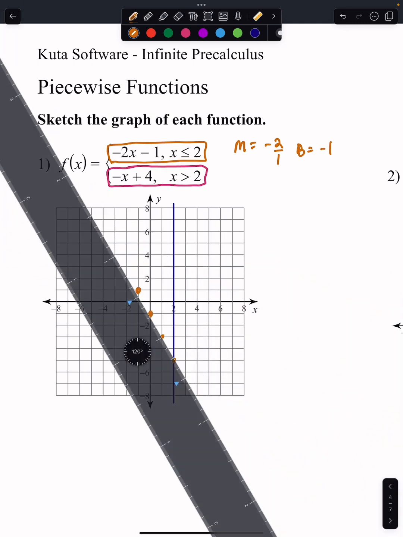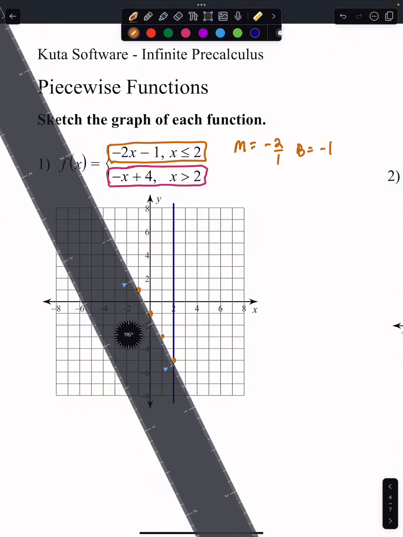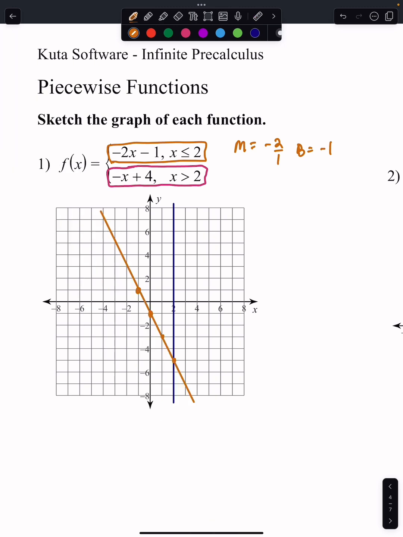Now, step 2 was to erase the stuff that I don't need. And according to this, I only need to the left of my boundary line. So I'm going to erase the stuff that I don't need. I don't need this part. And then step 3 was to verify that my circles are correct and they should be on the boundary line. This orange, goldish looking one should have the closed circle, the closed dot, and it does. So I'm just going to make it a little bit bigger. And that's all we're going to do for that gold one.